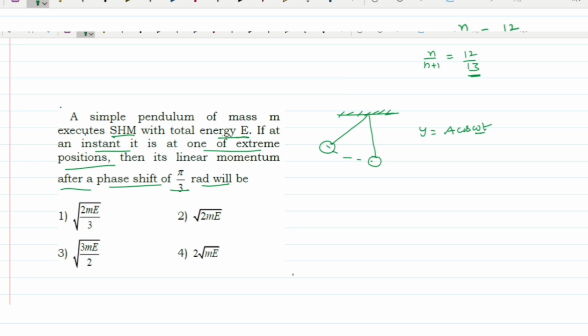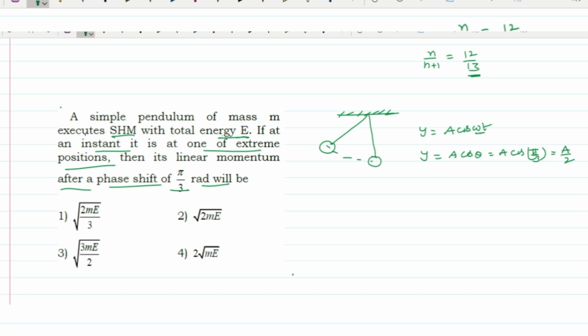The displacement after a phase of pi/3 is A cos pi/3, and cos 60 is 1/2, so it is A/2.